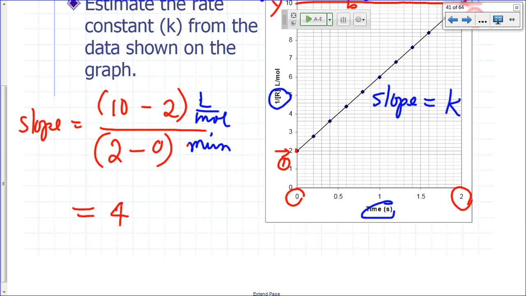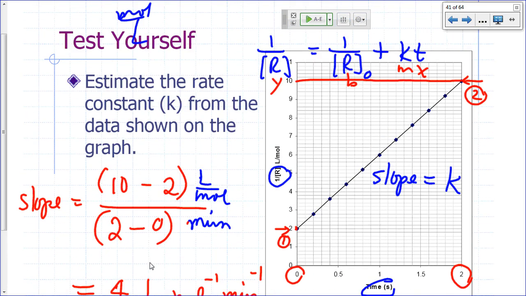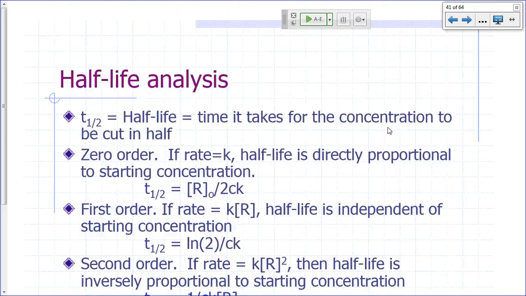That's 4, right? So that's liters per mole per minute, or per molarity per minute. Okay, so that would be the rate constant for that reaction. Okay. Continue.